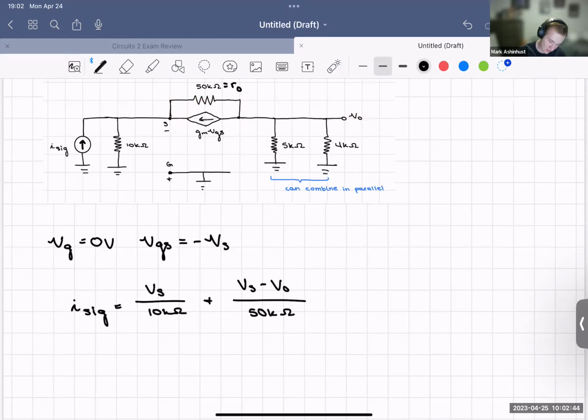And then we have our last one here, which is that gm VGS, and we're going that opposite way again. We have negative gm, but remember, VGS is negative VS, the voltage at the source, because the voltage at the gate is 0. So this actually ends up becoming positive gm VS.